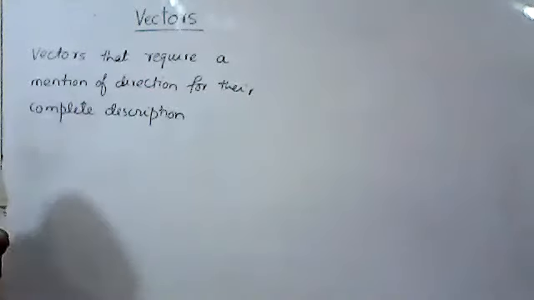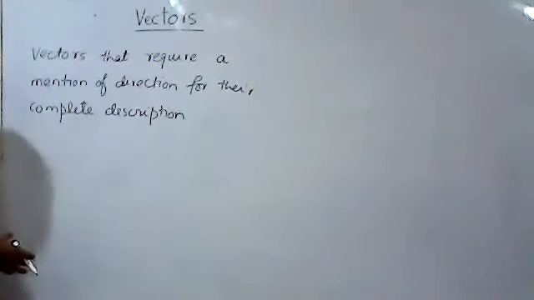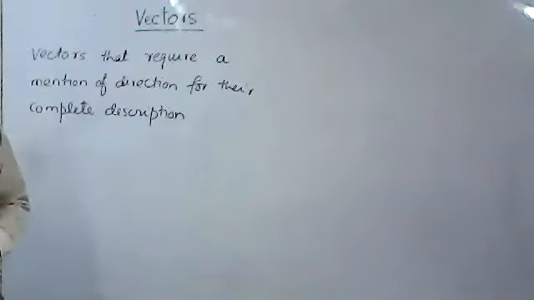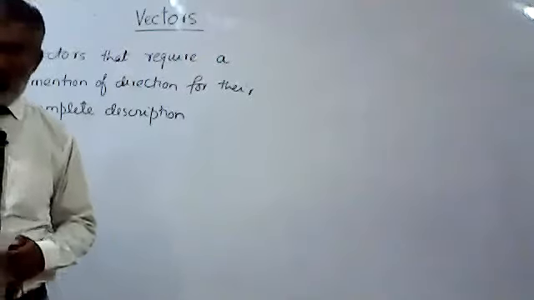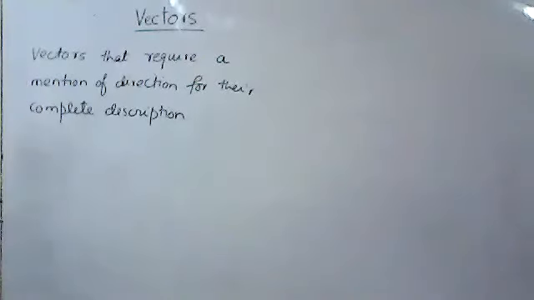Vectors are fewer in number when we compare with the scalar quantities, and those physical quantities which are always treated as vectors, I'm going to write them here and you must remember, because sometimes they ask questions in paper 1, like which of the following is a vector, which of the following is a scalar. So you at least need to remember which quantities are always taken as vectors, because they are fewer, so it's easier to remember them.